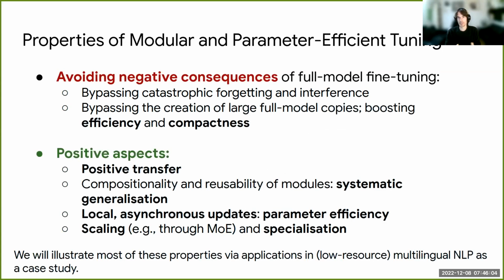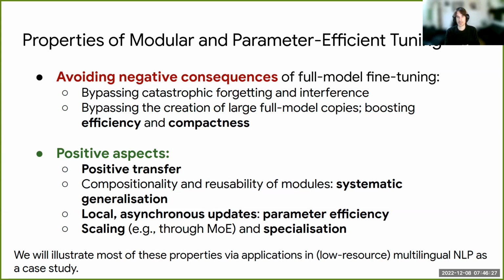But let's not talk only about the negatives here. As we said, part of the work is also to boost efficiency, because if we have smaller dedicated modules, then we don't have to fine-tune the whole model, which leads to better time efficiency of training. We can create more compact models when they're getting fine-tuned, but there are also positive aspects.